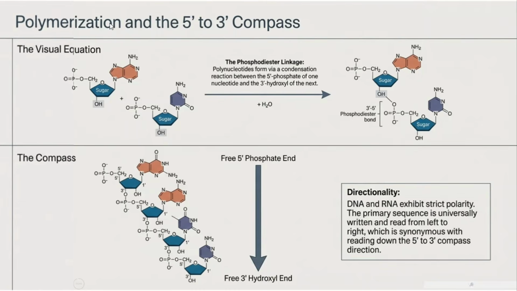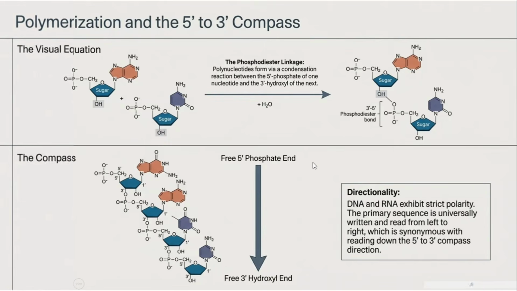So we have one nucleotide here and the second nucleotide here, and we put them together. The 5' phosphate and the 3' hydroxyl group of the preceding nucleotide react with the removal of water to form a 3' to 5' phosphodiester bond. So what we see is 2 nucleotides joined together with a phosphodiester bond.